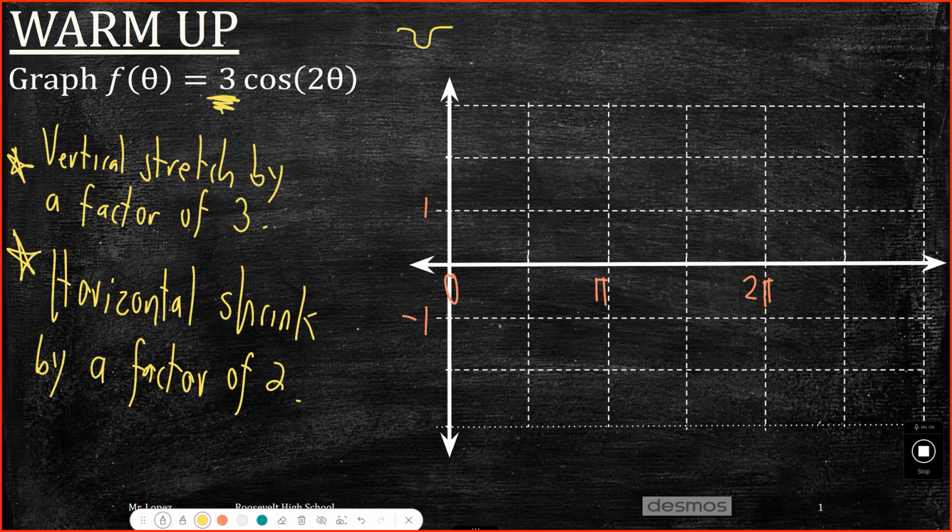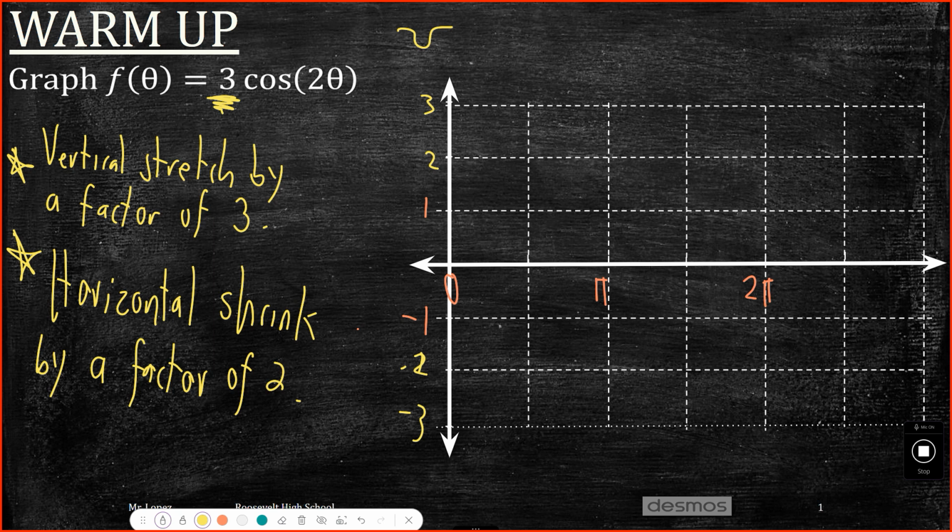So you already know that the end of the wing on the left and the right should go all the way to 3, and -3. Okay. What else?